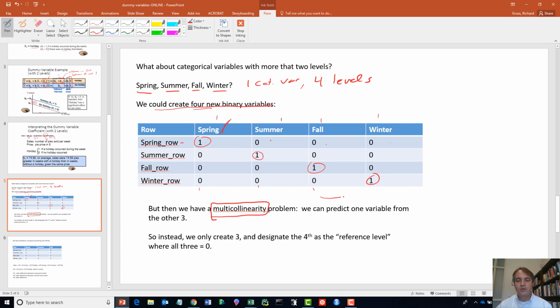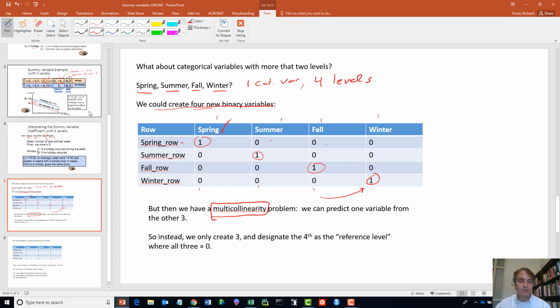We can, with 100% accuracy, predict the value of that other variable, which means we have the problem of multicollinearity. If some combination of other variables can predict another variable with 100% accuracy, you're going to have that multicollinearity problem, and you can't really do a regression this way.